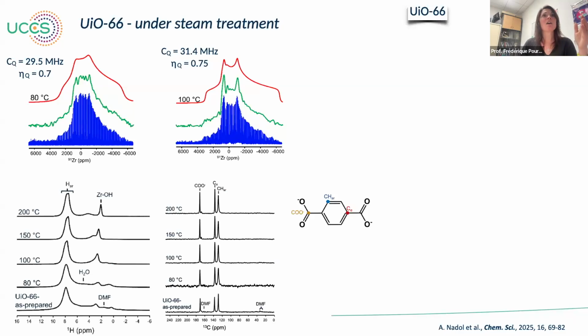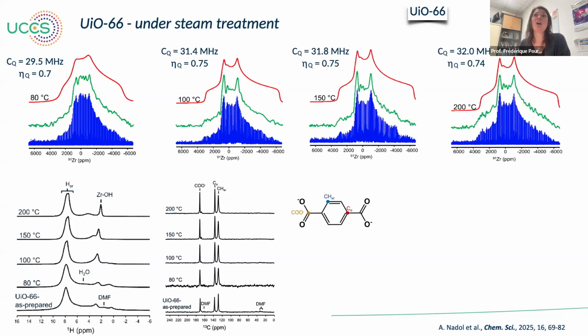These spectra are in agreement with the proton and carbon-13 experiments, as you can observe on the left. When you increase the temperature, you decrease the amount of DMF, and you also decrease the amount of water from the as-prepared to the 100 degrees C sample. So we think that by doing 80 and 100 degrees C, we kind of clean the samples and reduce the amount of water.